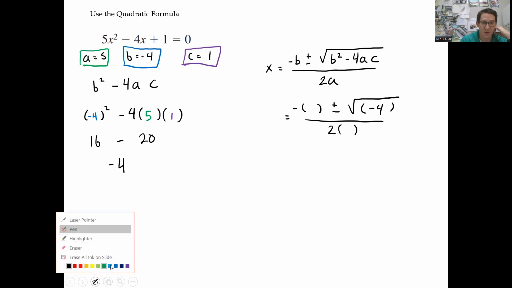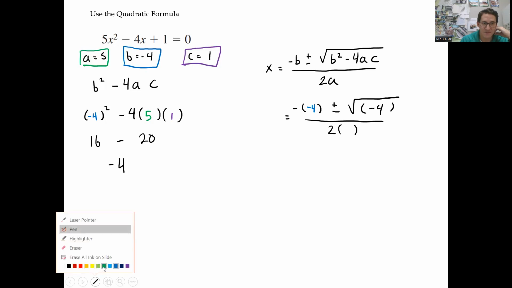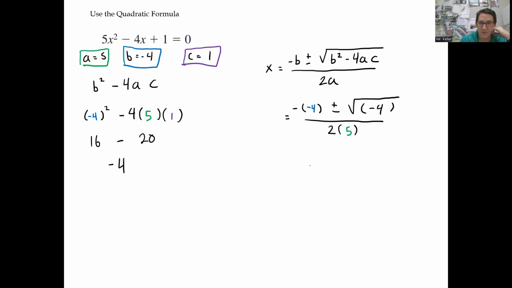I'll use my color coding again. b is -4, that's going to go in here, and a is 5. So that goes here. Now I'm going to simplify this. -4 becomes +4, plus or minus the square root of -4. The square root of 4 is 2, but since it's negative, I need to slap an i on there, and then 2 times 5 is 10.